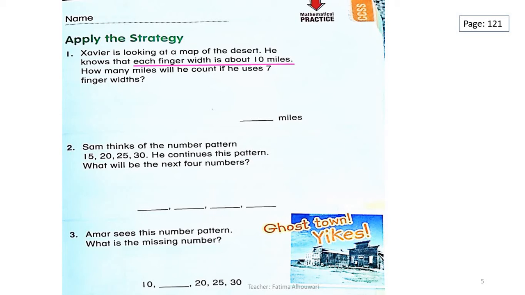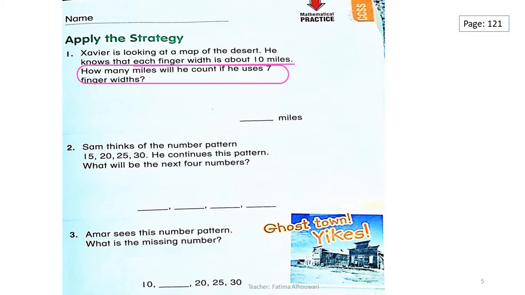How many miles will he count if he uses 7 finger widths? So, how can we find that, grade 2?